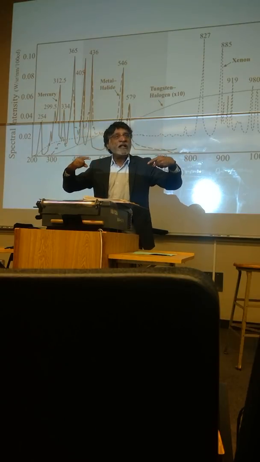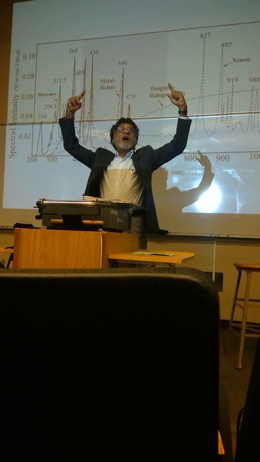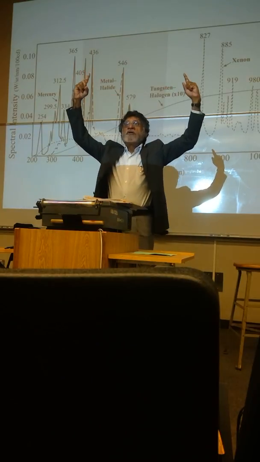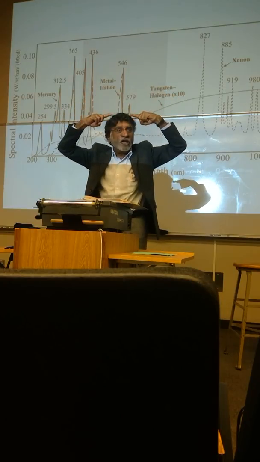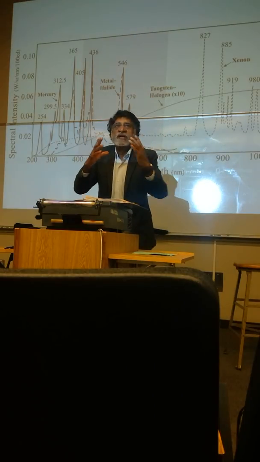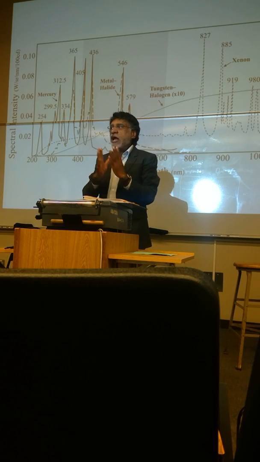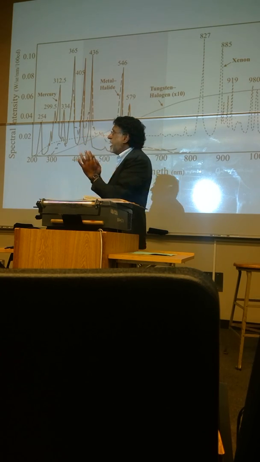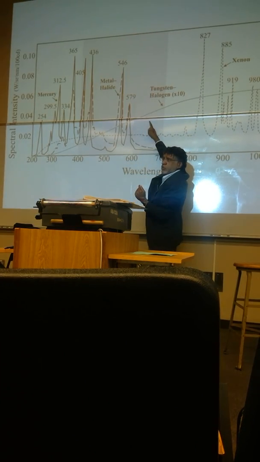Because it's a refractory metal, it has a high melting point, and you can raise it to high temperature to get reasonably intense black body radiation. If you took something with a low melting point, you can't get its temperature high enough, and the emission is not so intense. So tungsten was used as the first source, and a derivative of that is the so-called tungsten halogen lamp.